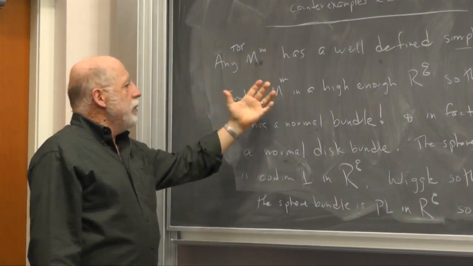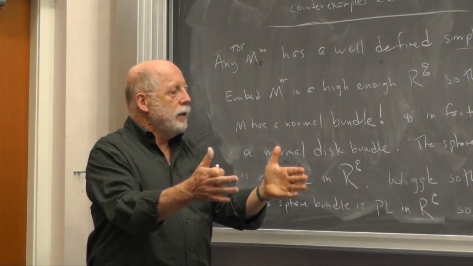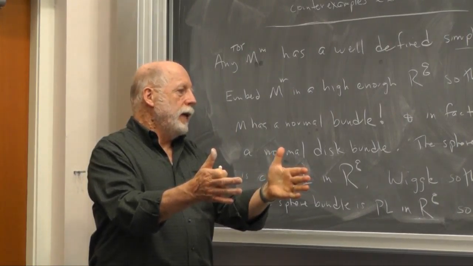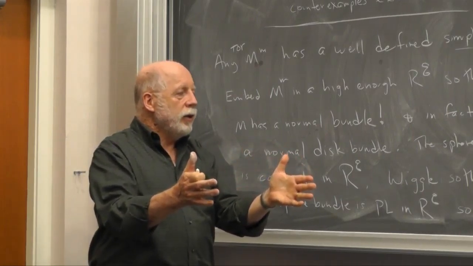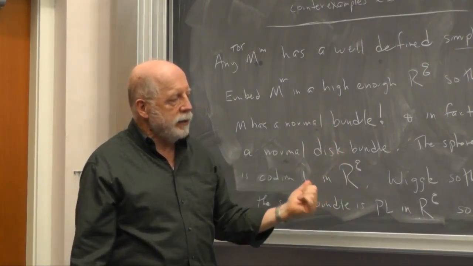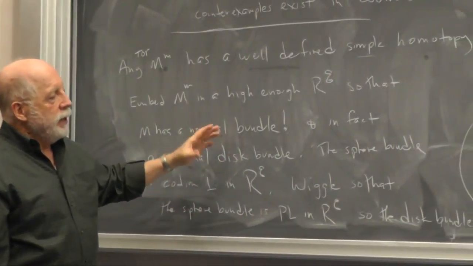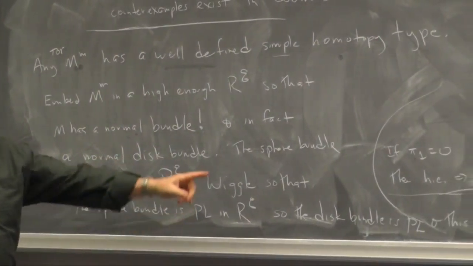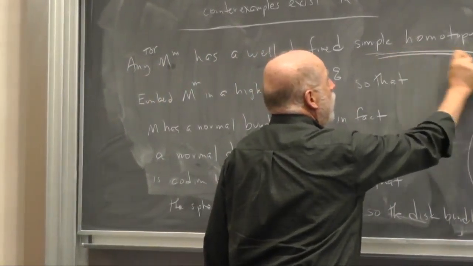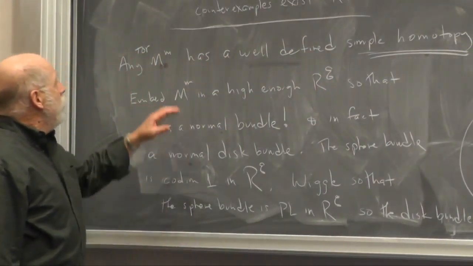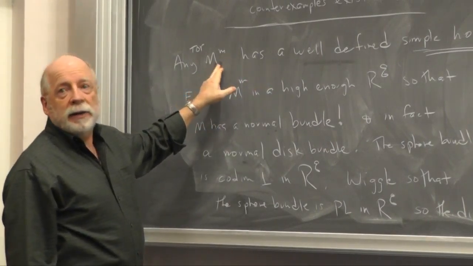Now the last thing to say is if you did this differently, if you did it two different ways, the structures are going to be concordant, therefore s-cobordant, and therefore the same. So there's no issue of the choices that were made here. This is well-defined simply because when you pay attention to the choices, you don't change the simple homotopy type. And the final remark: suppose the manifold were PL already, and you didn't know that.